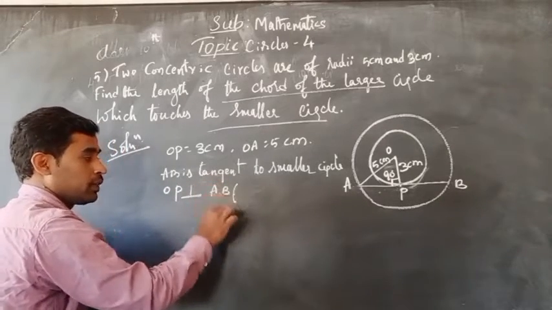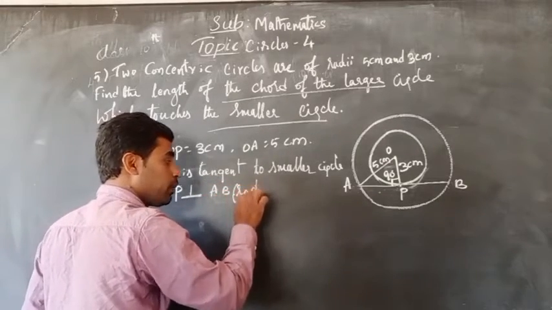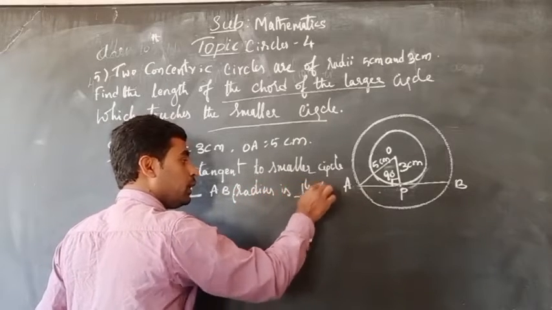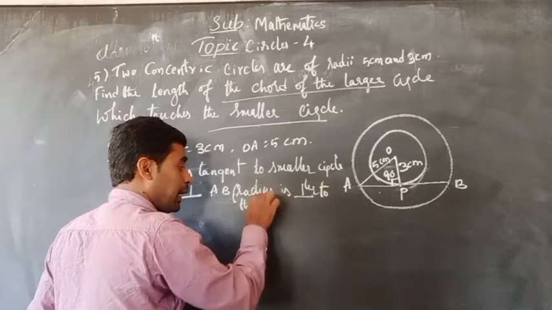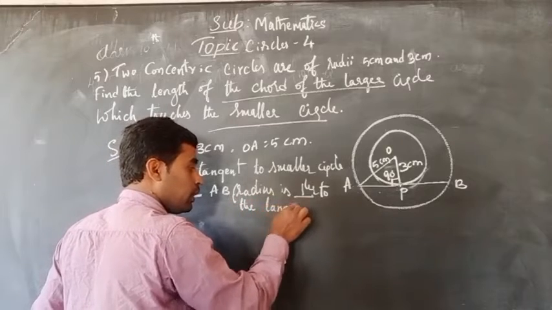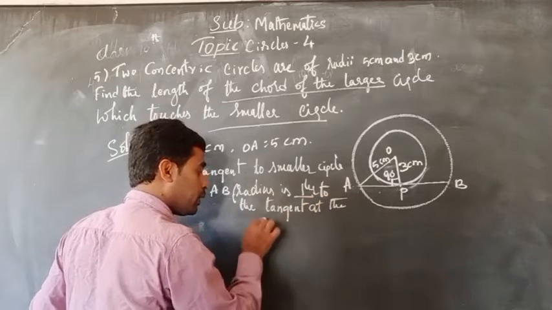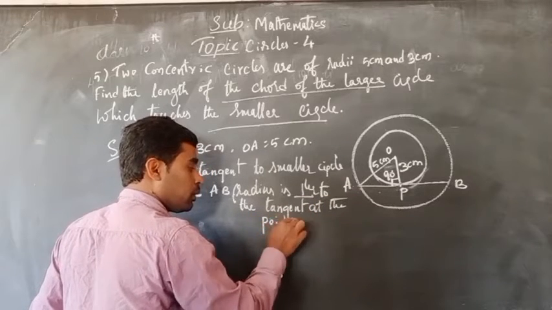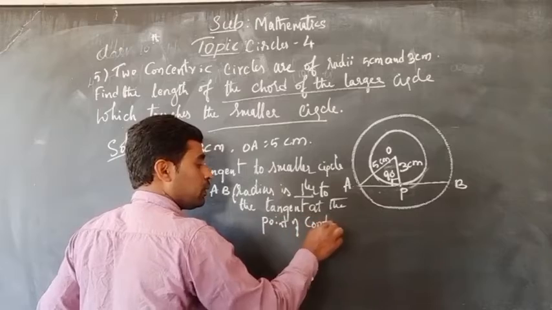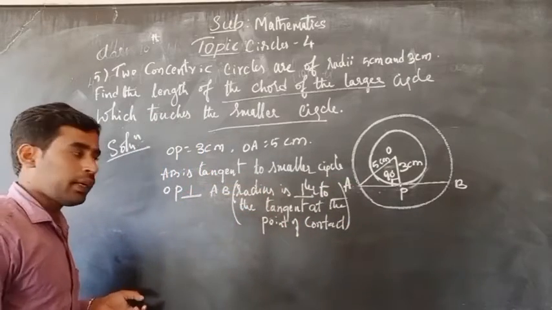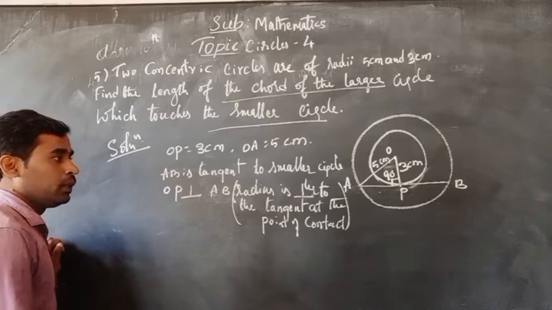We know the reason: the radius is perpendicular to the tangent at the point of contact, or by the first theorem, we can write Theorem 4.1.